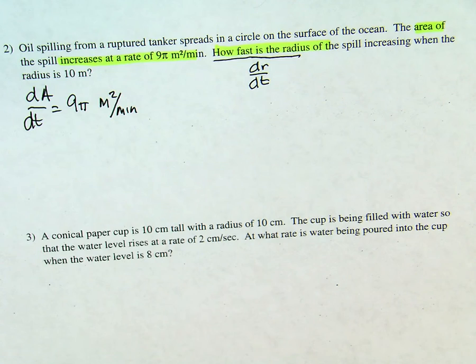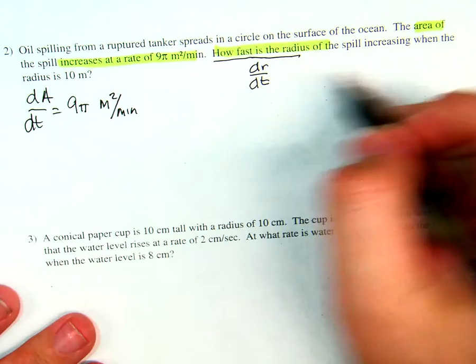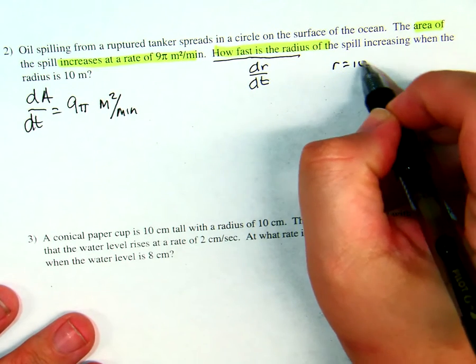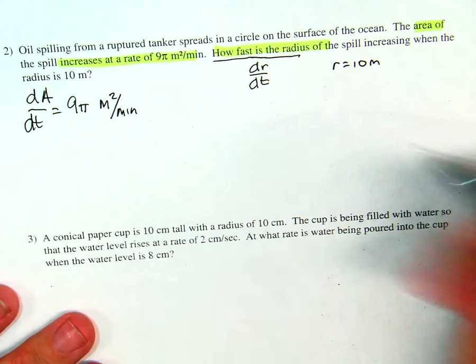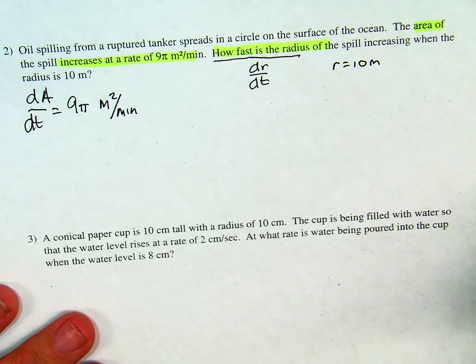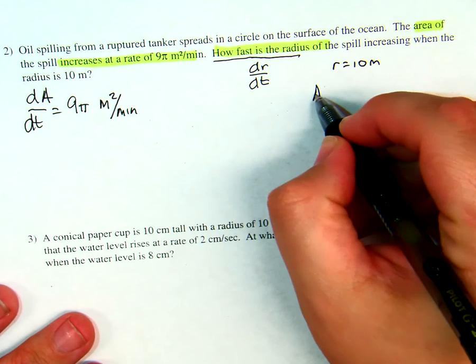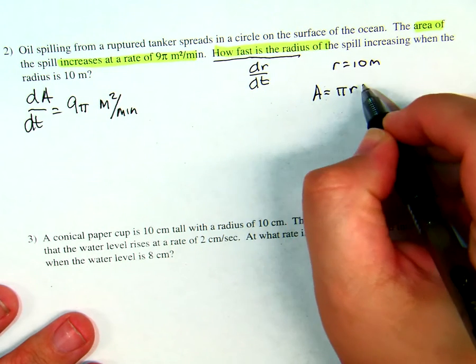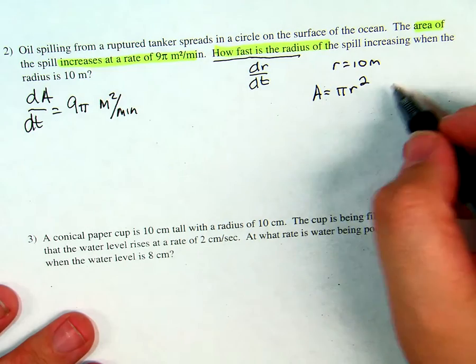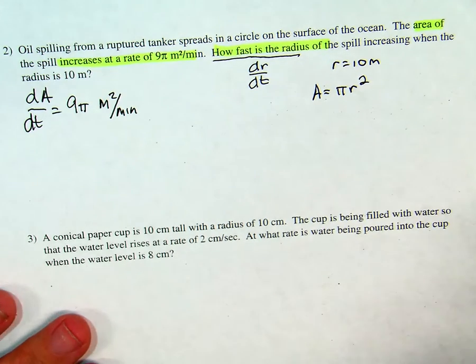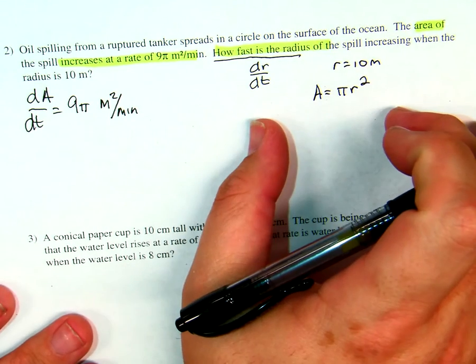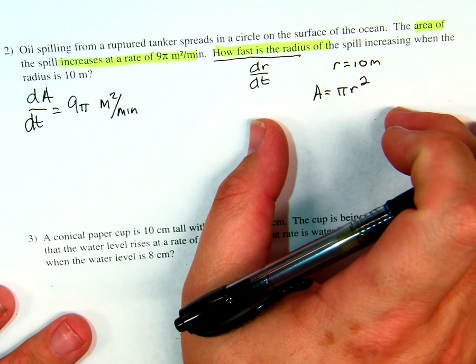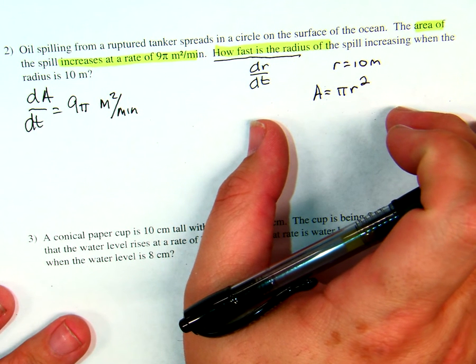Since we're talking about a circle, and we know at r equals 10 meters, we need the area of the circle. So what's the area of a circle equation? Pi r squared. Now, take the derivative of this equation with respect to time. It's just a bunch of chain rules.